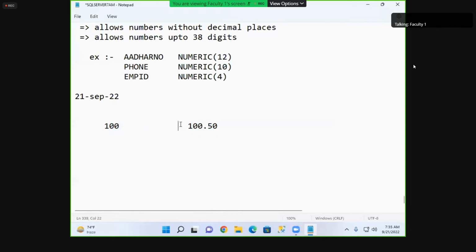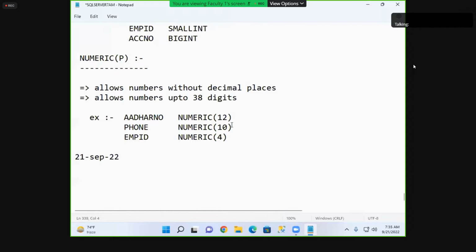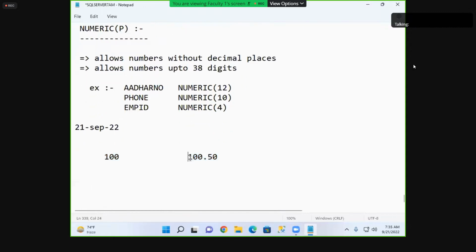These numbers are called floats. That means sometimes a number contains a decimal part, and sometimes a number doesn't contain a decimal part. If the decimal part is not there, then use what?